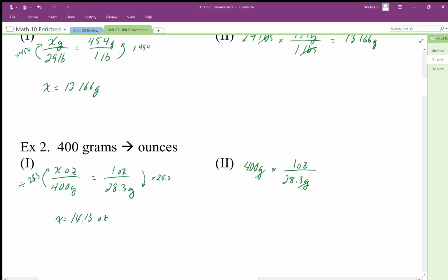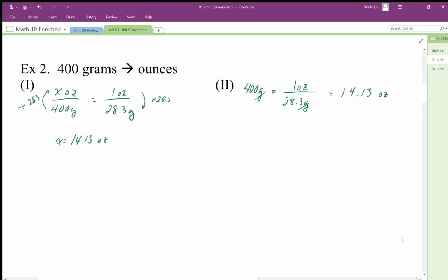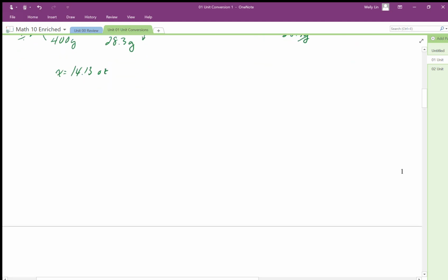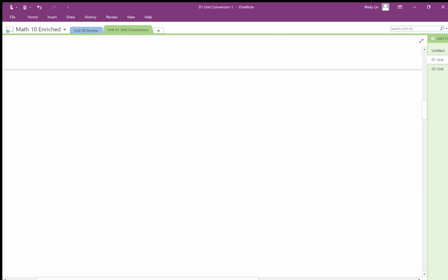So I just need to make sure the times cancels a divide, and we end up with 400 times 1 divided by 28.3, which is 14.13 ounces. Okay, so it's the same thing. So you can see how these things are connected, but we want to start using this second method more because it's a bit more efficient way to solve these types of problems.